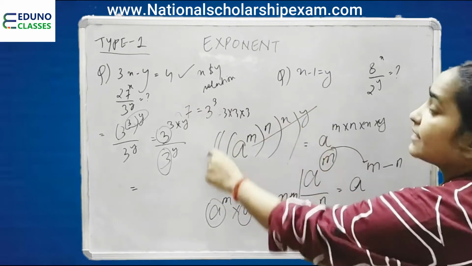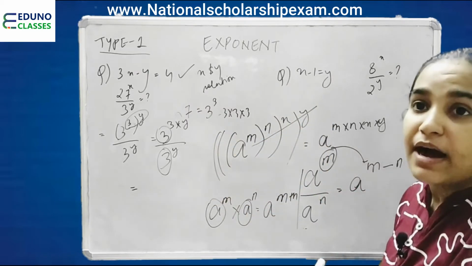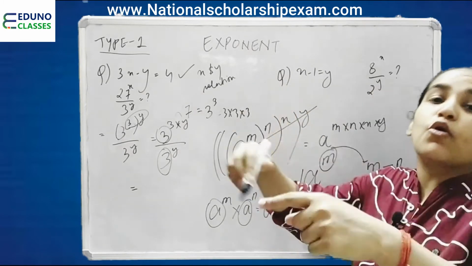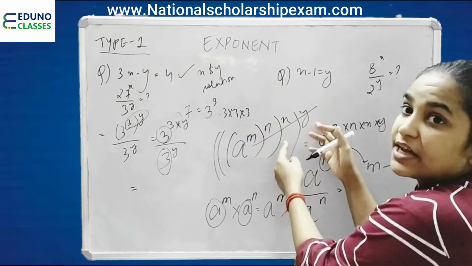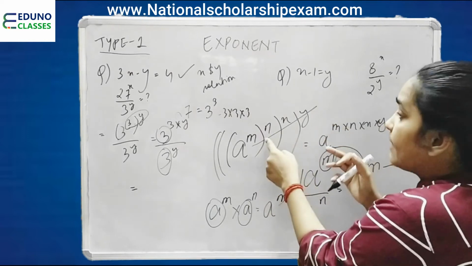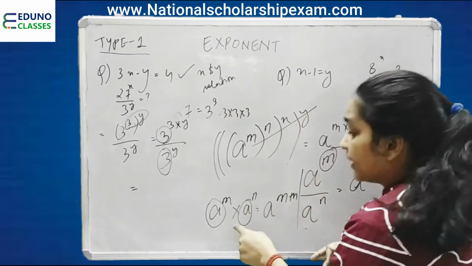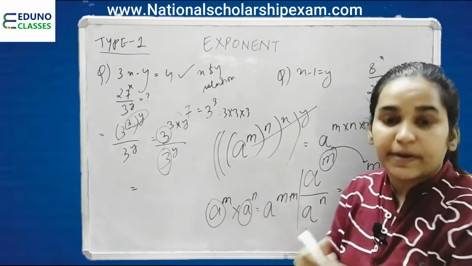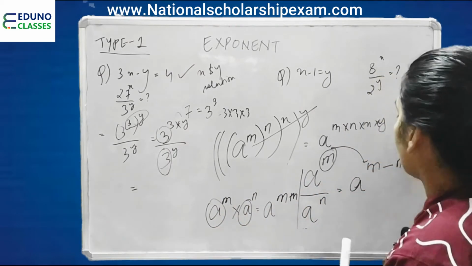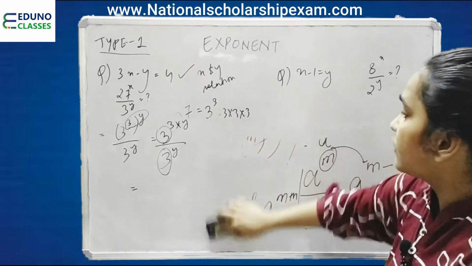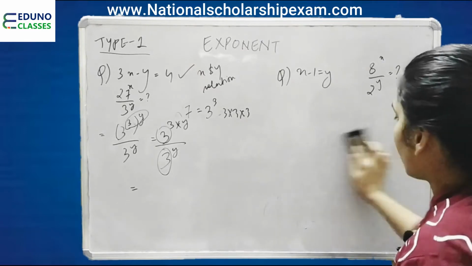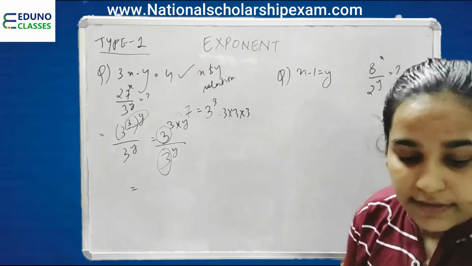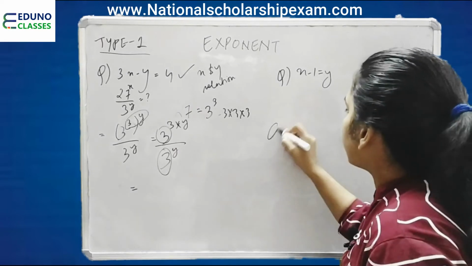Multiplication will come in the case where we have a power like a to the power m, whole to the power n, whole to the power x, like this. Here we will do multiplication m into n into x into y, but here we will not do multiplication. I'll try to explain this with an example and then we'll move forward, because it is very important for you to clear your basics. I've already made videos, but again, there's no harm in telling you again.